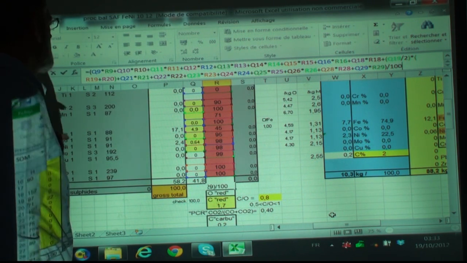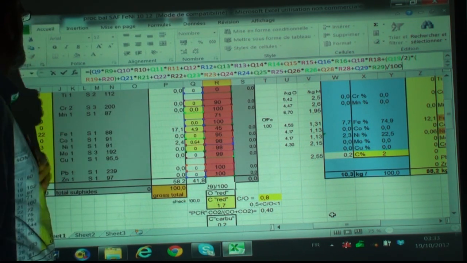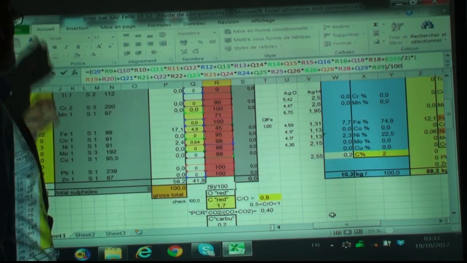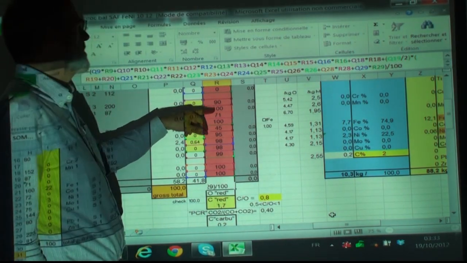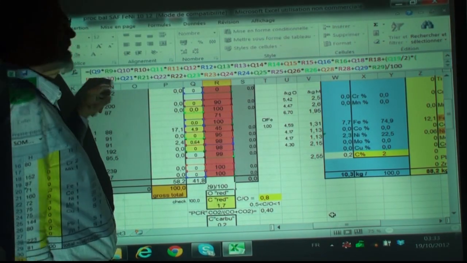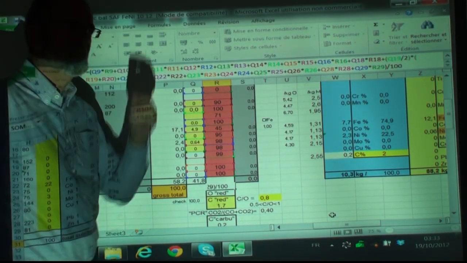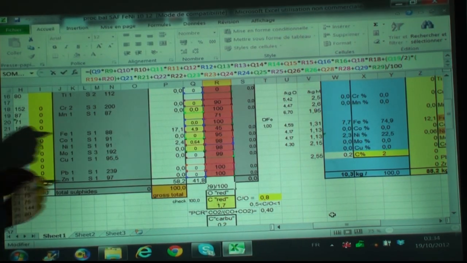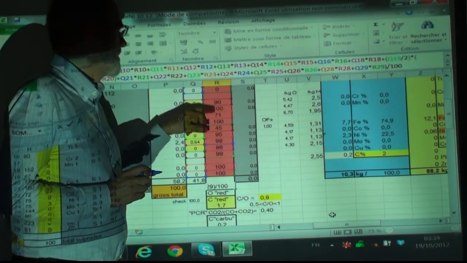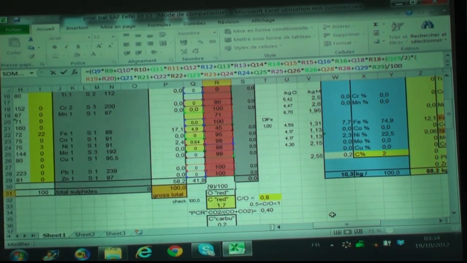Okay. No, the reason is because you add 2 reduction yields. You see, here we have MnO2.